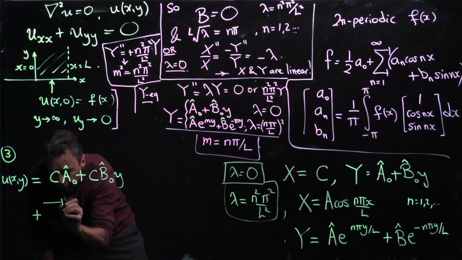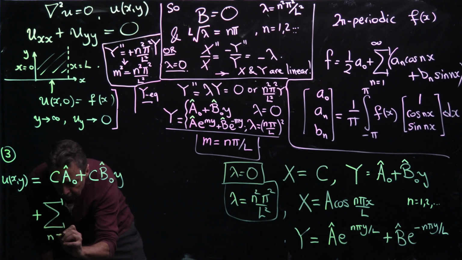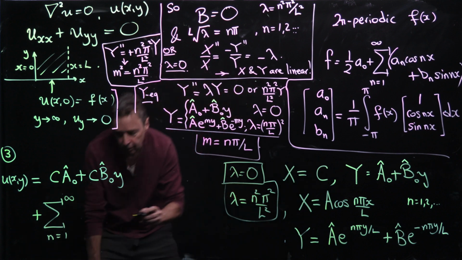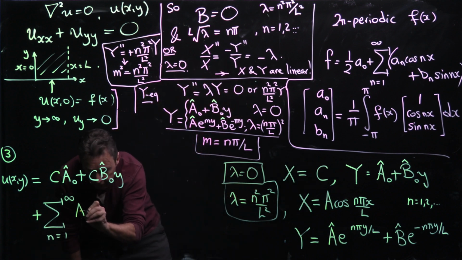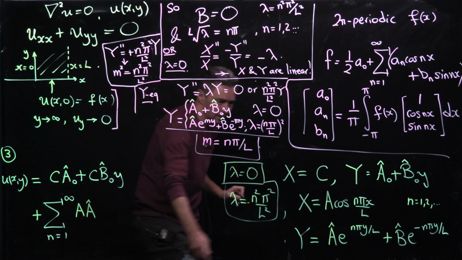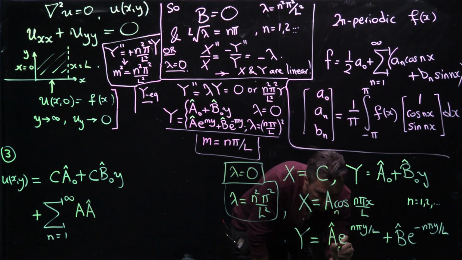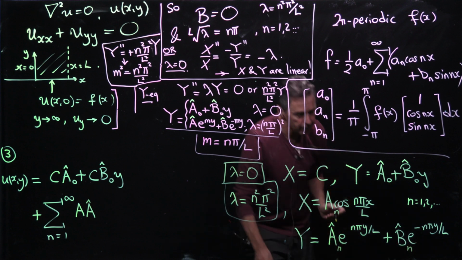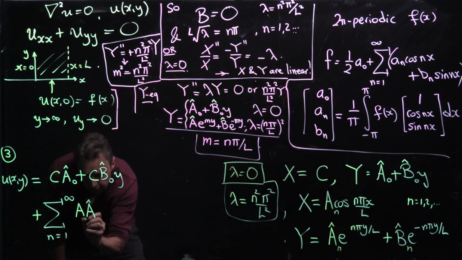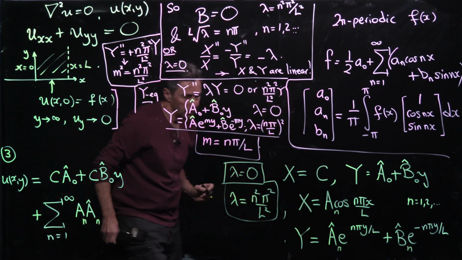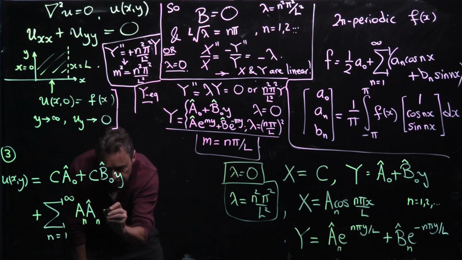And then I'm going to have my sum over n. And then I've got that times that. So I've got an a hat, and these could be different for each value of n. So let's bear that in mind by putting subscripts there. So I've got that times that. That's a cosine times the first exponential.